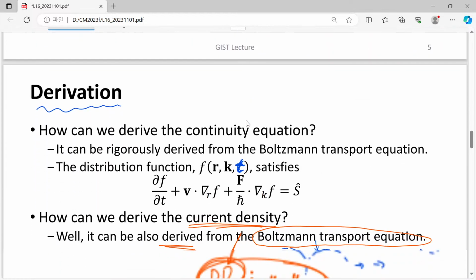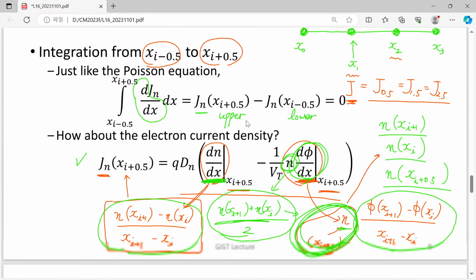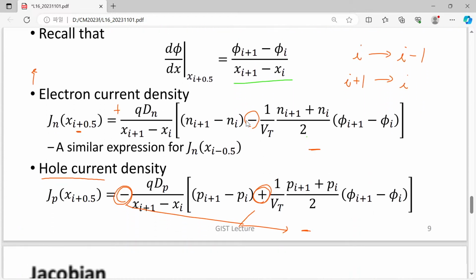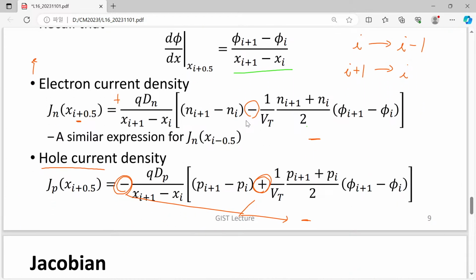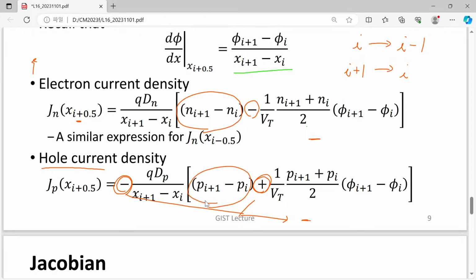Then when we come back, now we can understand. In the case of electrons, we have an overall positive sign for our diffusion term, and in the case of hole current density, we have an overall negative sign. So please be careful.